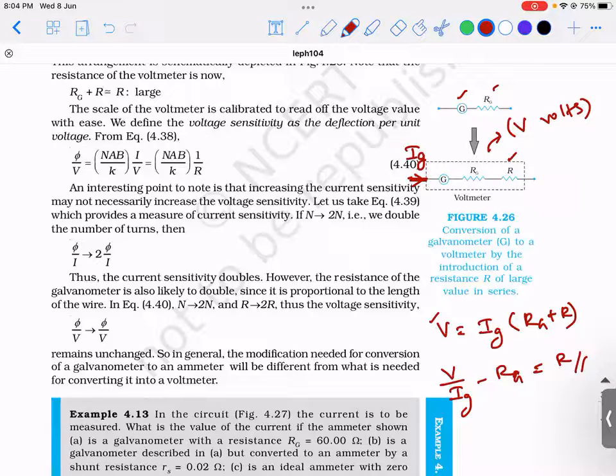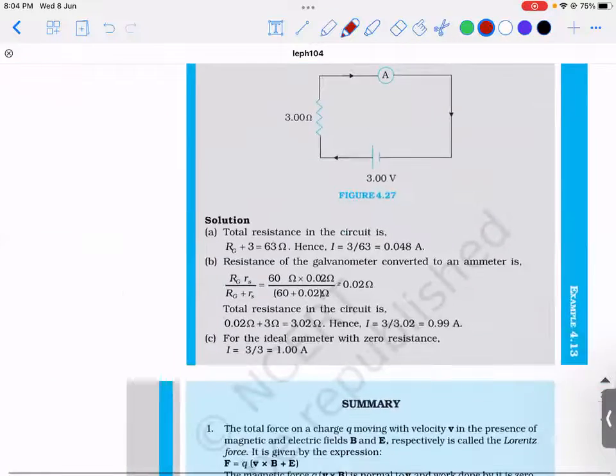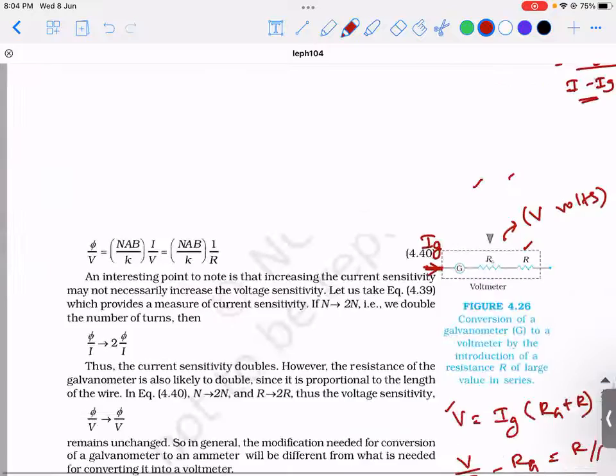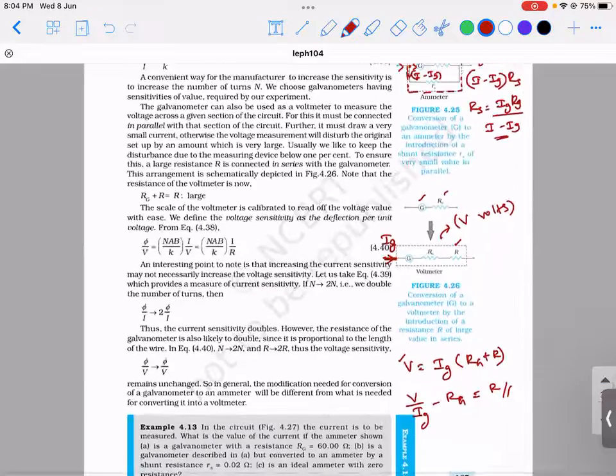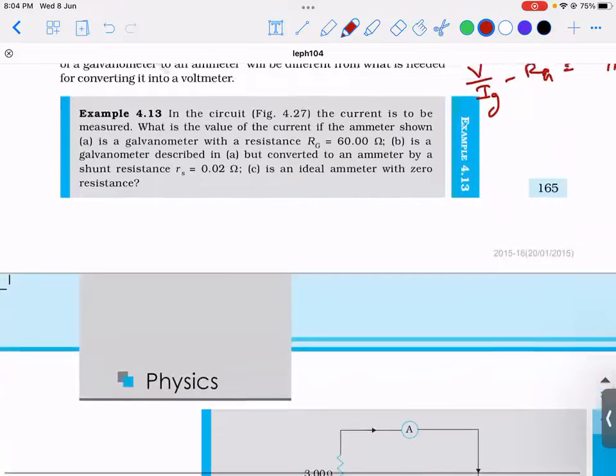Okay. So this is all about conversion of a galvanometer into voltmeter and ammeter.